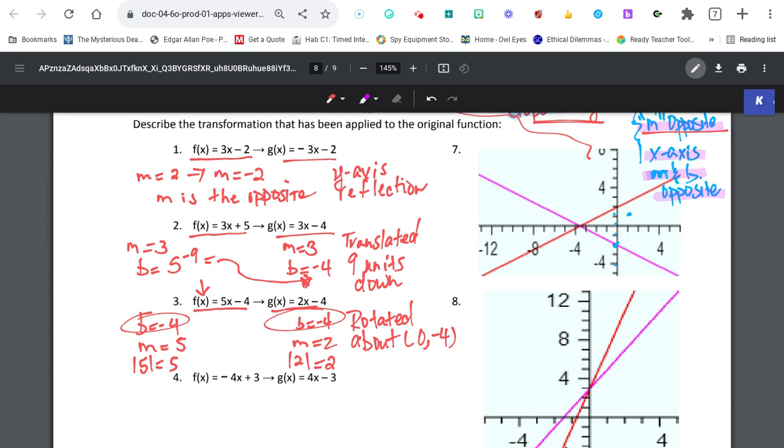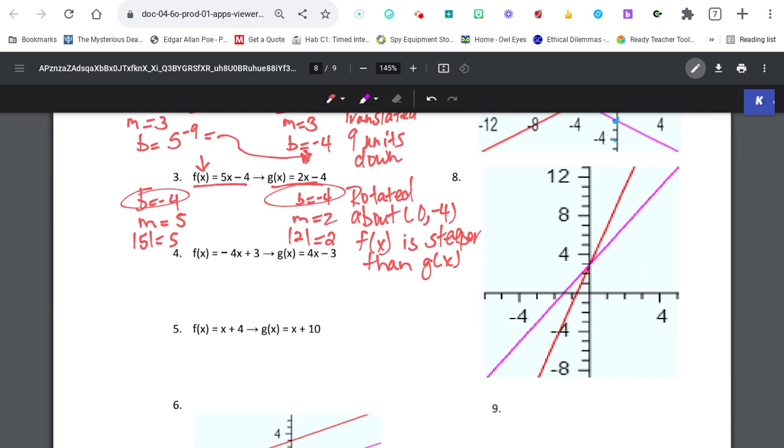Or if I like to start off with my original function, I'll say f of x is steeper than g of x. But you could have also said g of x is less steep than f of x. Totally up to you. It's the same thing.